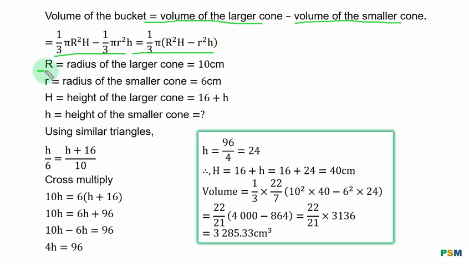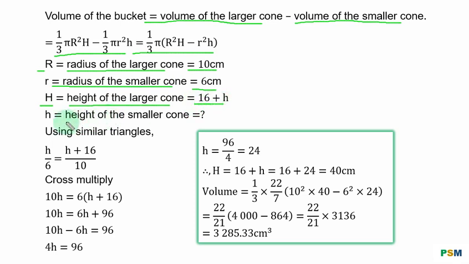Capital R, radius of the larger cone equal to 10 cm. Small r, radius of the smaller cone, 6 cm. Capital H, height of the larger cone, 16 plus height of the smaller cone.